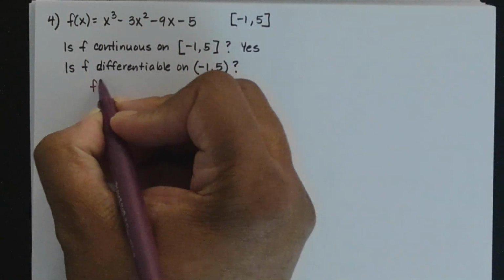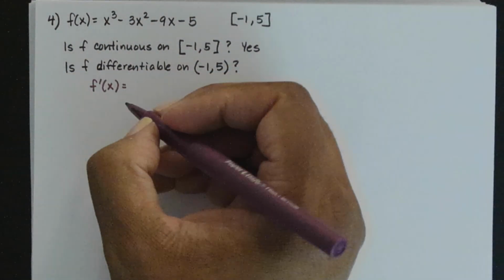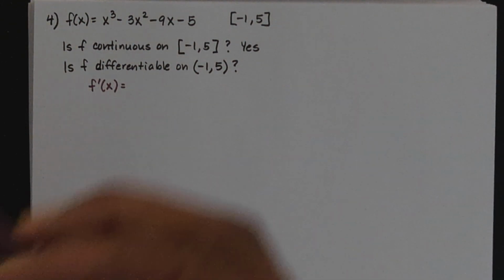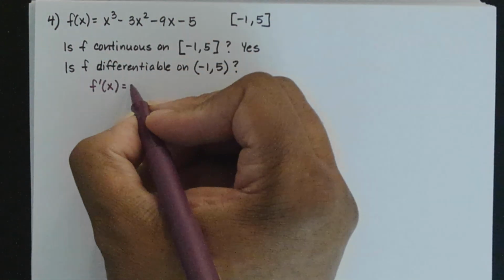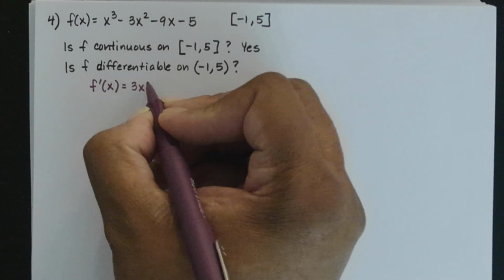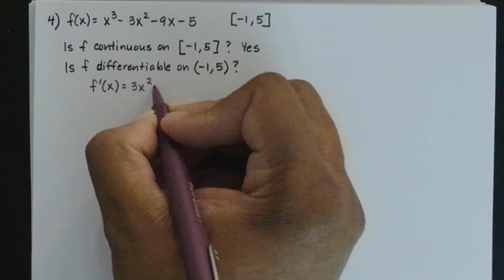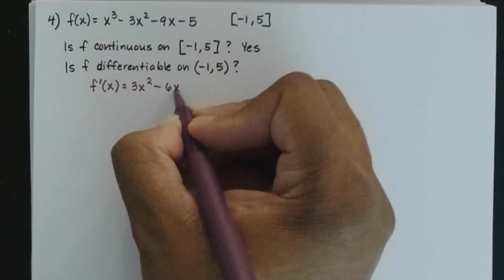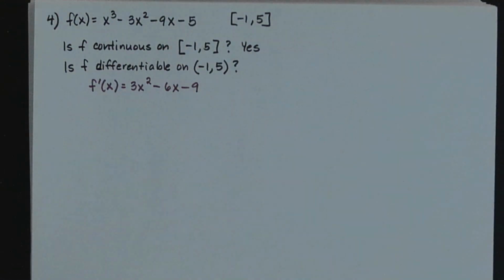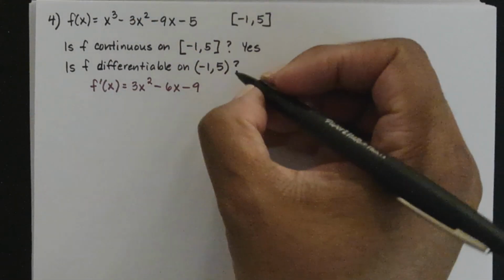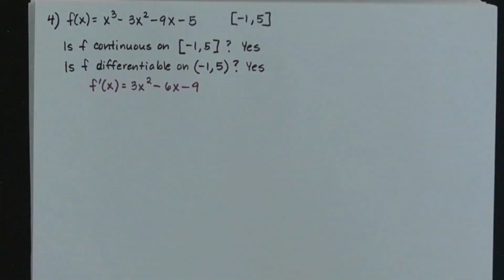What would f prime of x be for this function? 3x squared minus 6x minus 9. It is differentiable, and it is still a polynomial function, because there are no restrictions on f prime of x. So we can say that f prime of x is differentiable on that open interval.